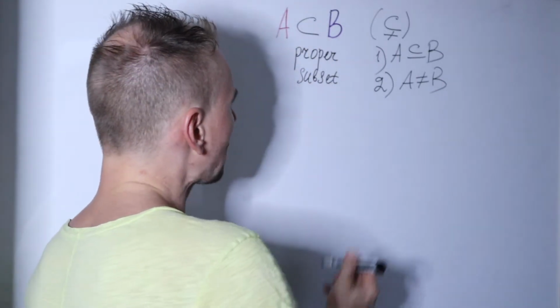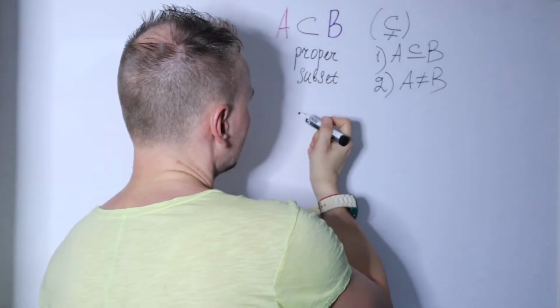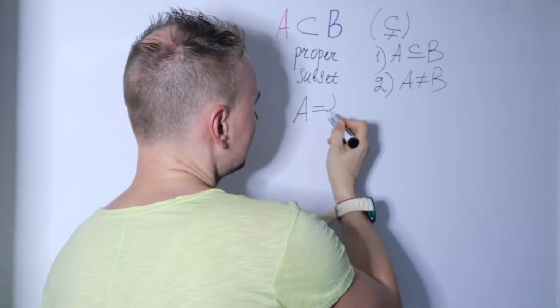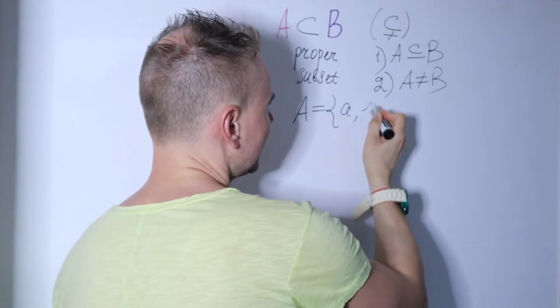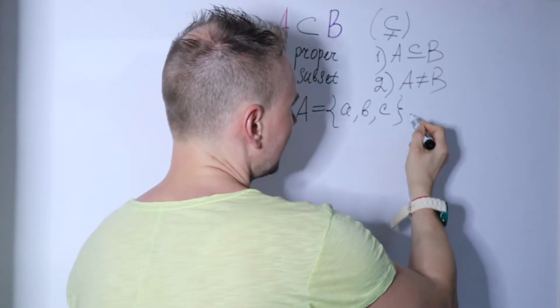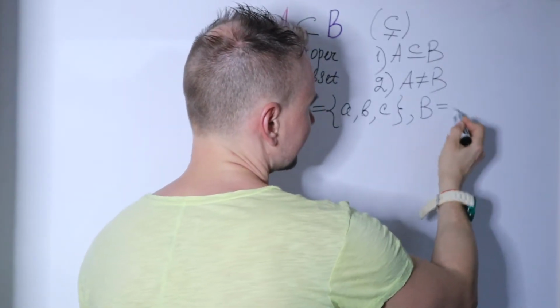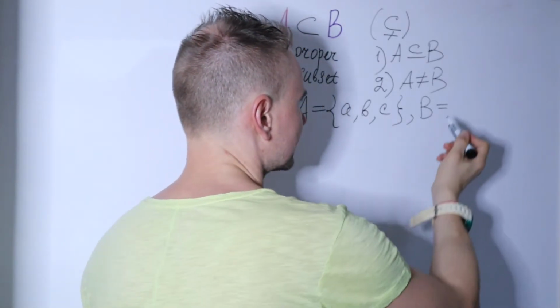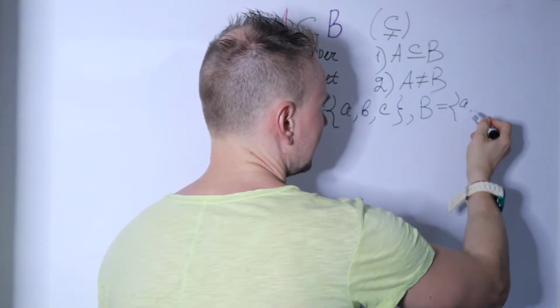Let's say you are given set A containing the elements a, b, c, and set B composed of a and b.